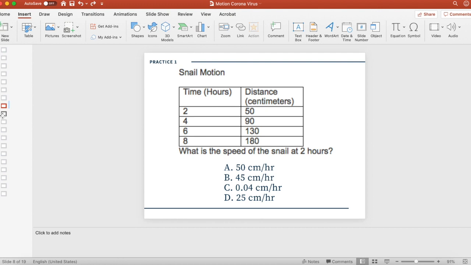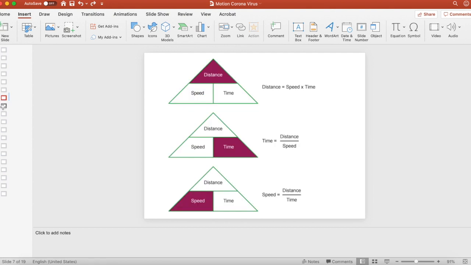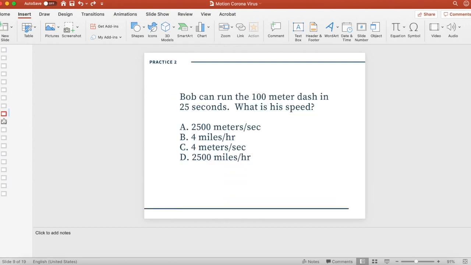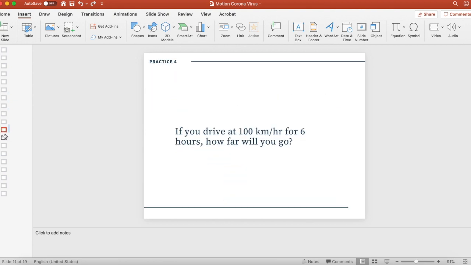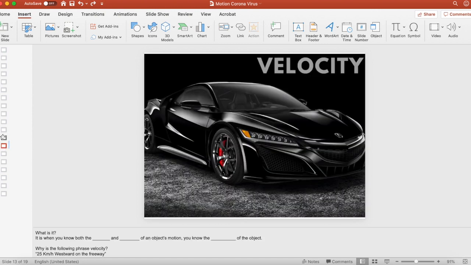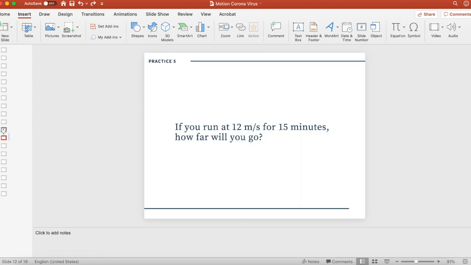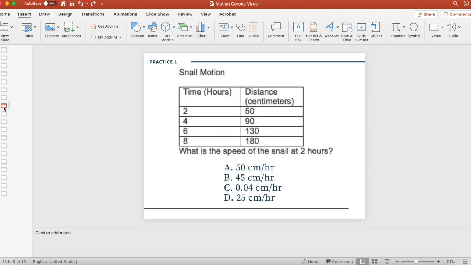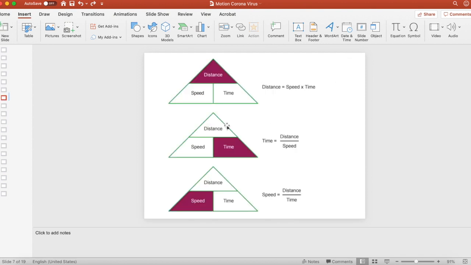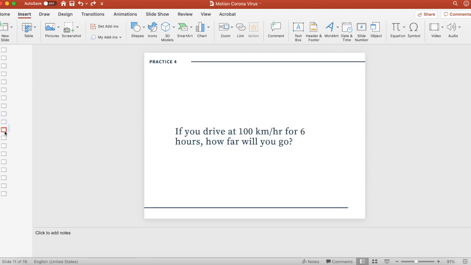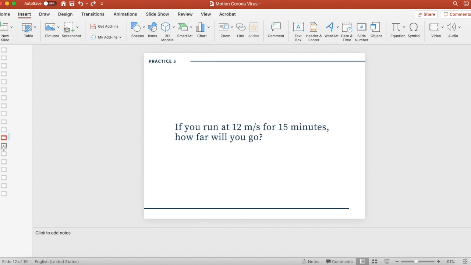So I do want you to solve these on your own time, just 1 through 5, it's just nice to help you practice and get into the use of using these formulas that I gave you right here. And just so that way you can start getting a little bit into what you're going to have quizzes on and what your test will be on.